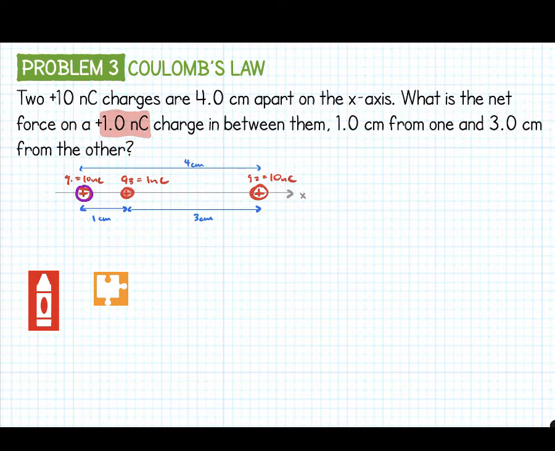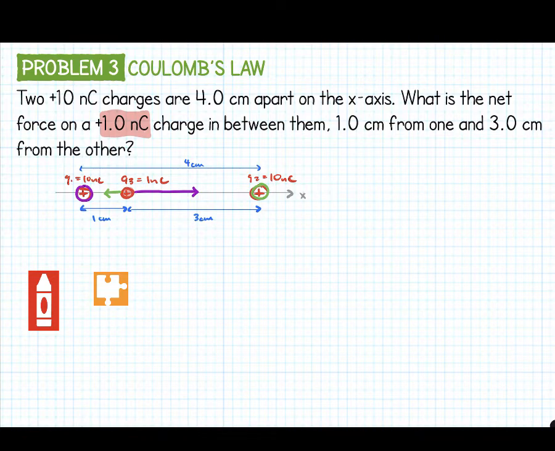And look, you'll see, because of the inverse square relationship in Coulomb's law, this charge is close, so you can assume the force from this charge should be pretty big. Similarly, this charge is far away, so that force is going to be relatively small.